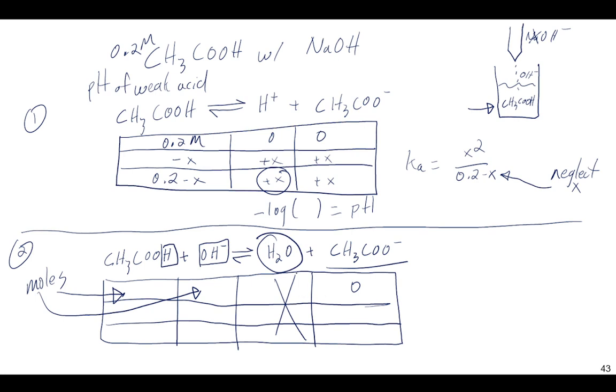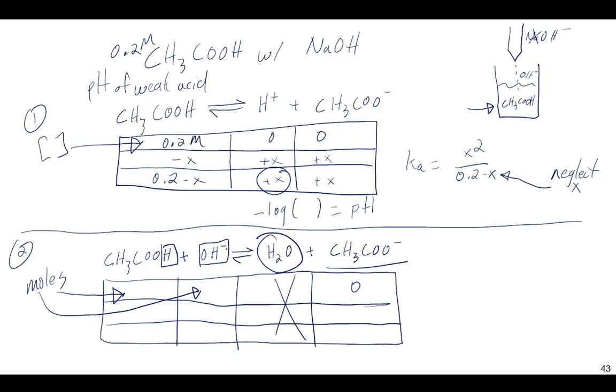And there's going to be no water, we don't have to consider that. There's going to be no conjugate base to begin with. Even if there was tiny amounts, we're neglecting it. Up here, we're free to use concentrations because we haven't started the titration, the volume's not changing. So our concentration of that weak acid just goes in there.